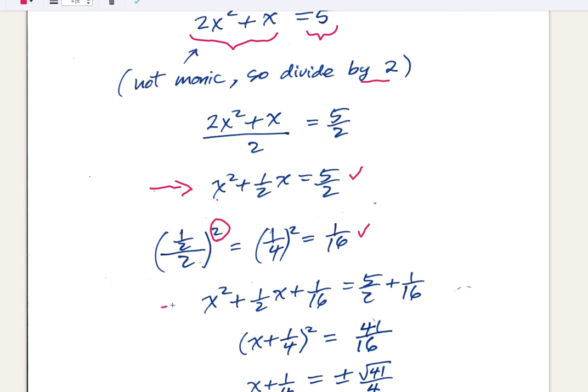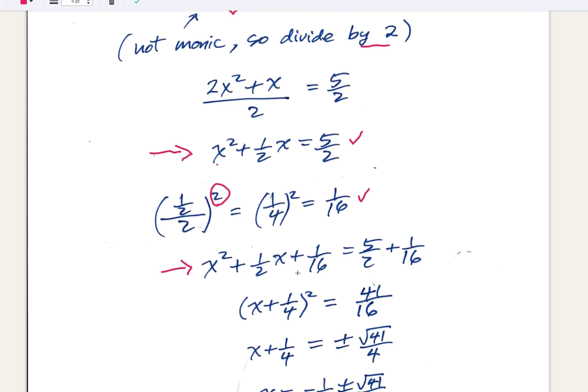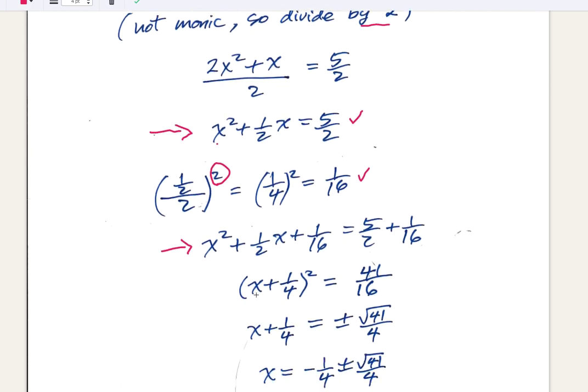Now, what's the magic thing? What should be happening here? The left-hand side of that equation should now be a perfect square. And in fact, it is. I claim it's the square of x plus 1/4, x plus 1/4 squared. If you were to FOIL this out, I would get x squared.